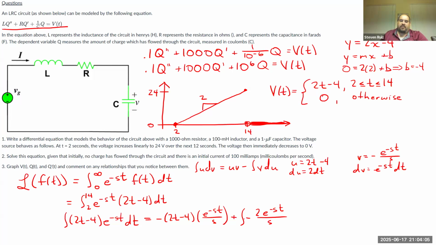I'm going to go ahead and cancel out these two negative signs. And then what does this integral become? Negative 2t minus 4 times e to the negative st over s, and if I integrate again, I get minus 2e to the negative st over s squared. So I believe that's my full integral.